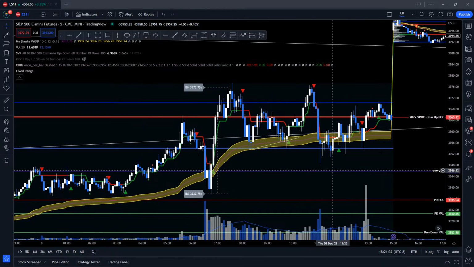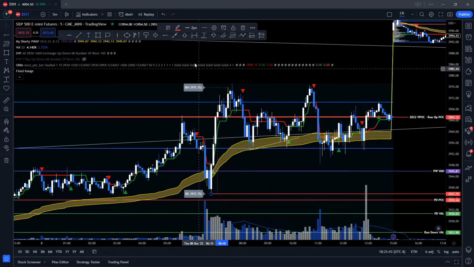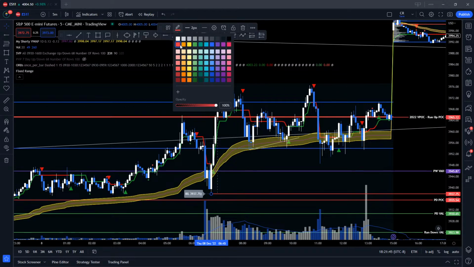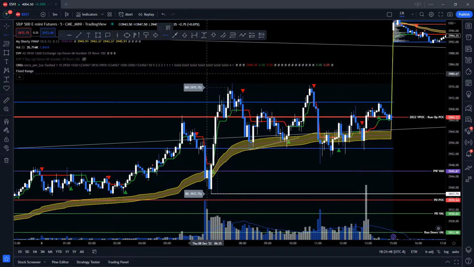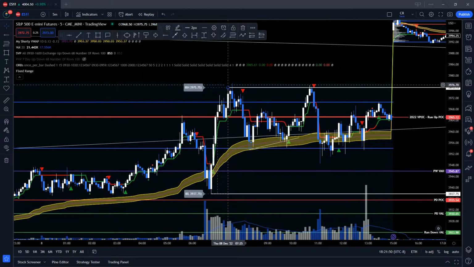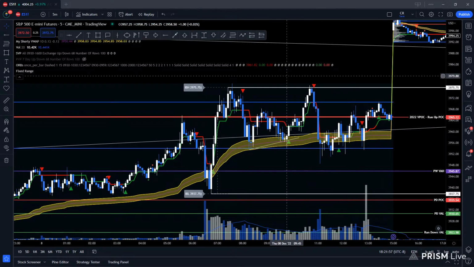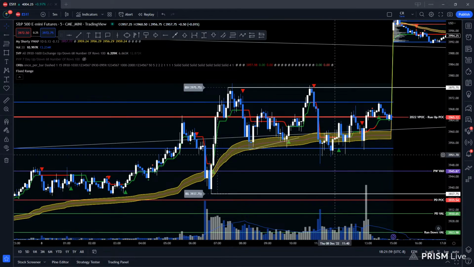I was going to talk about the orbs, but this also shows the IBL and IBH. Interesting day. So this is our IBL here. IBH was here. And we never had a candle close outside of the range on either side, but we still never made it back down to here.